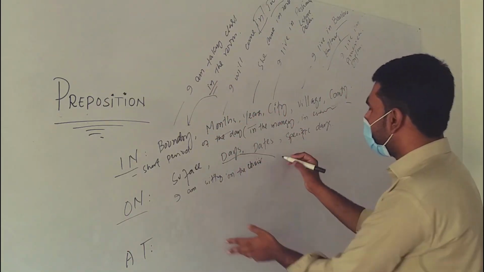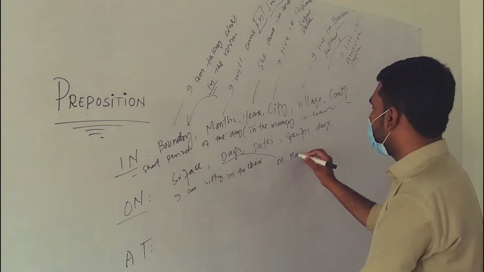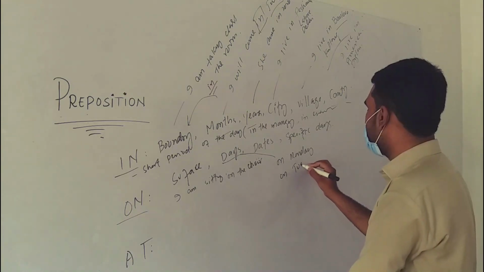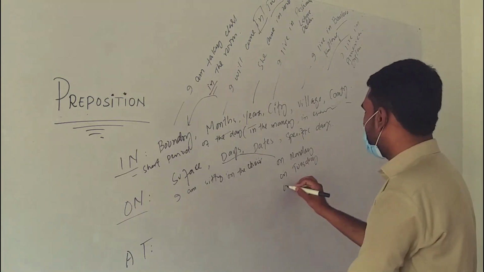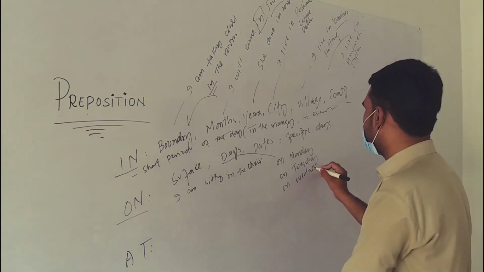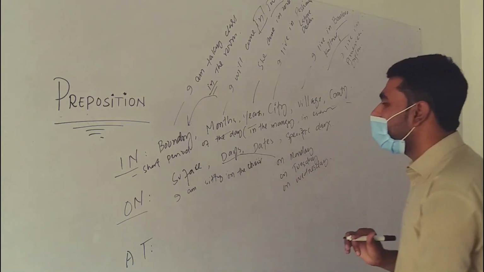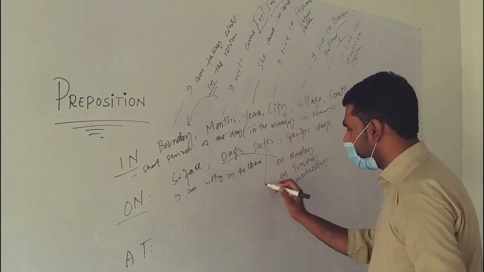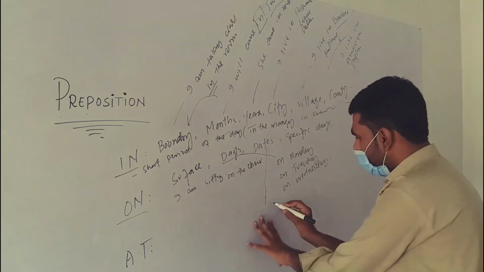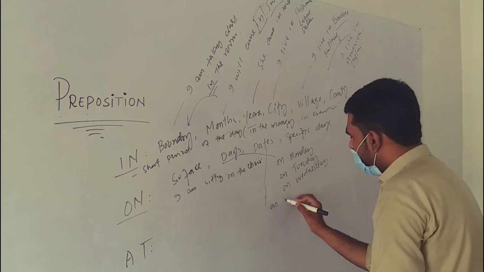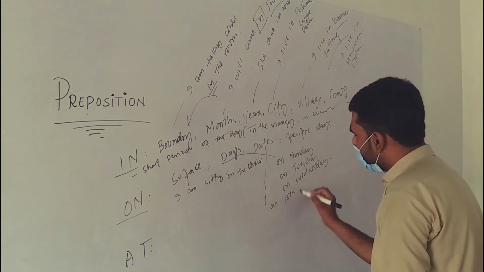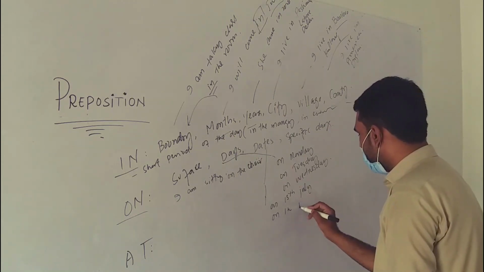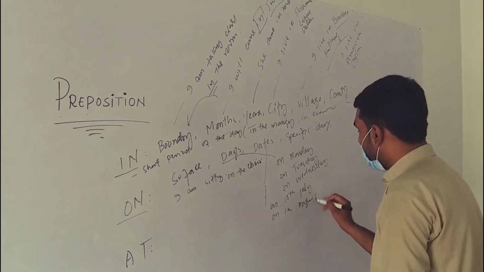Then days: on Monday, on Tuesday, on Wednesday. So here I use on before the names of the days. Now we should come to dates. So on 15th July, on 14th August.